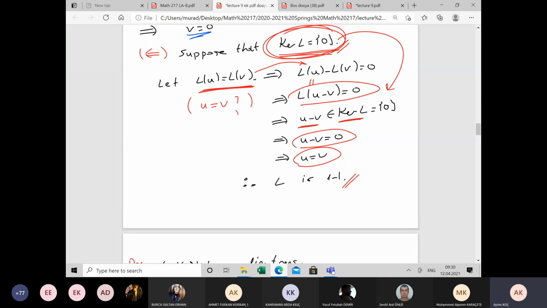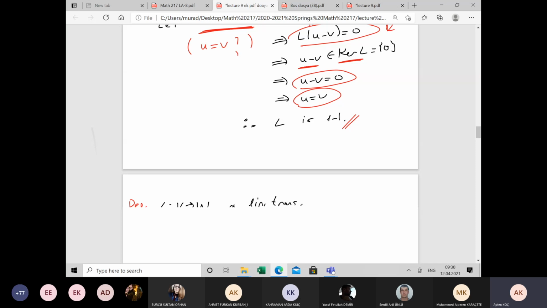Now let's give the definition of the range.